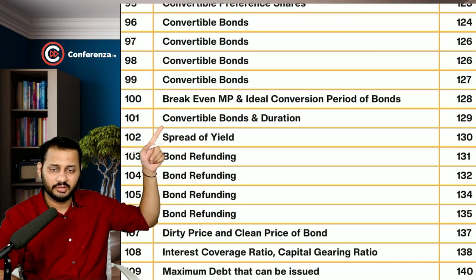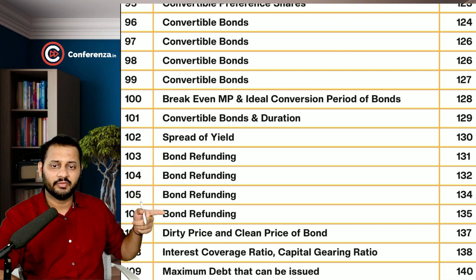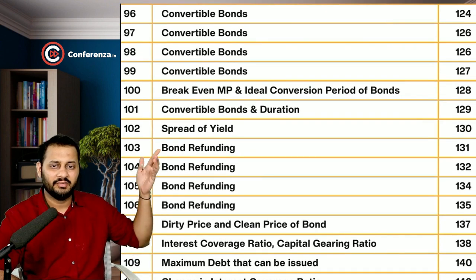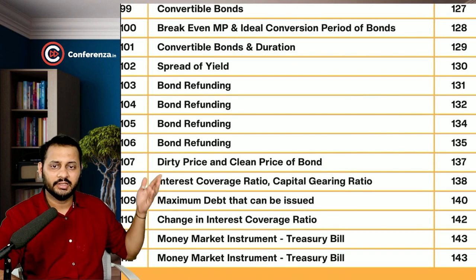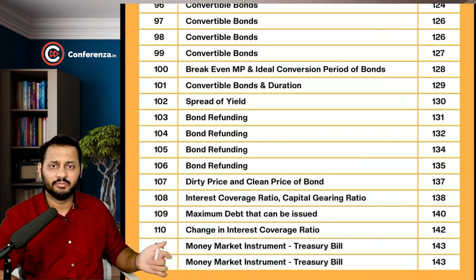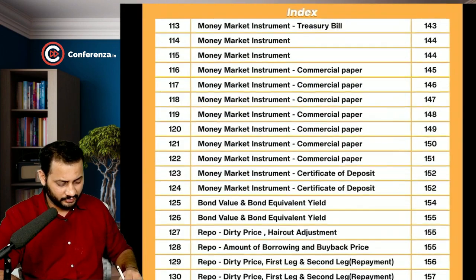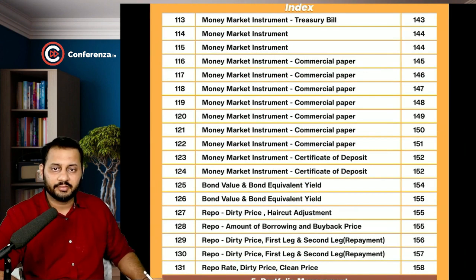And then some questions of bond refunding will start. I will take one or two and the rest will be common questions, so they will go for homework. And then the money market part will start from the 107th question, and these are all small questions, so it won't take much time before we finish the entire chapter. So don't worry, in I think the coming two to three lectures maximum, the entire chapter will be over.